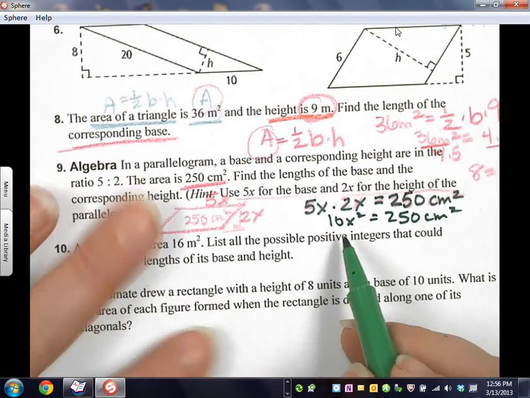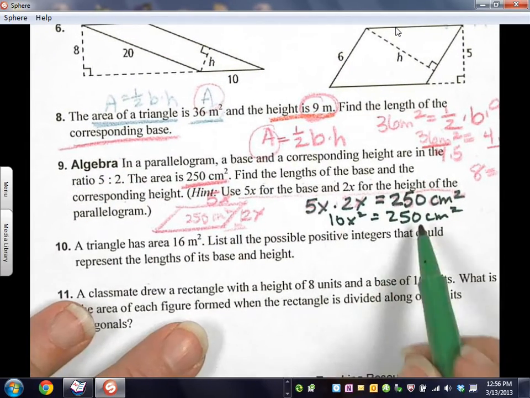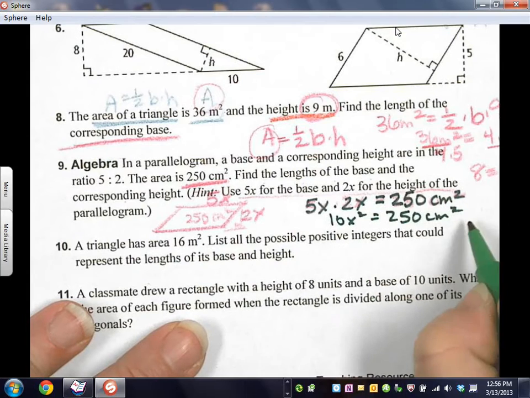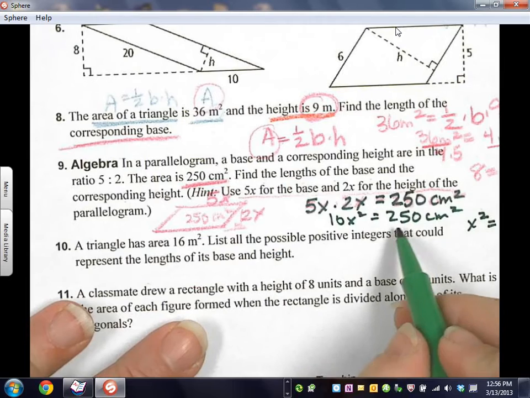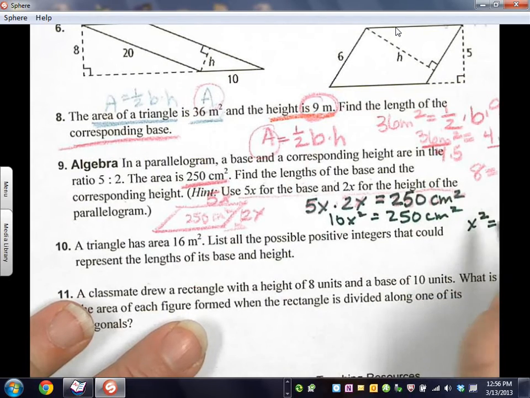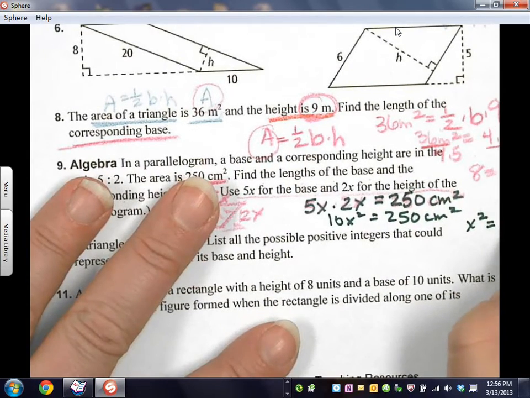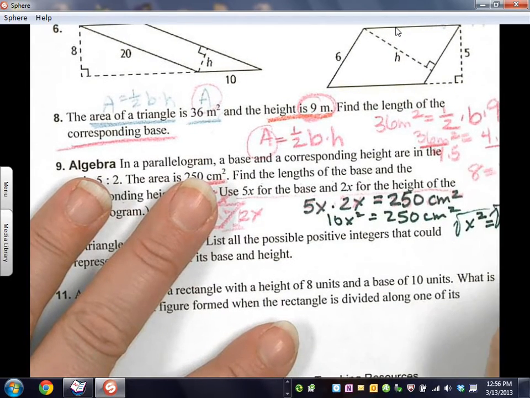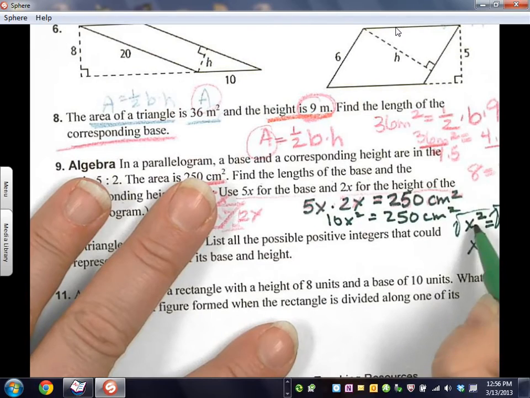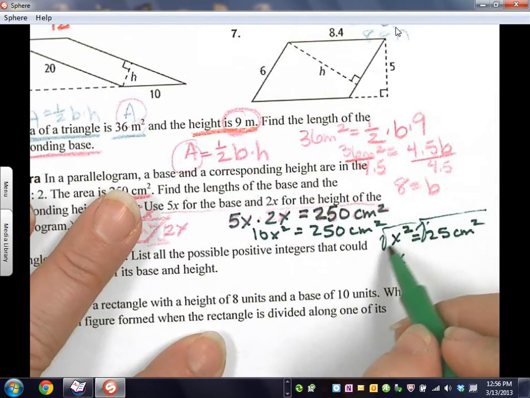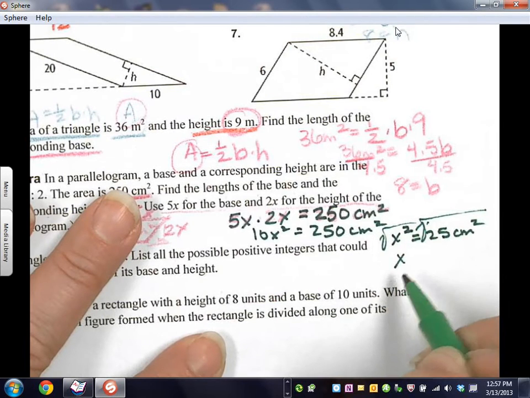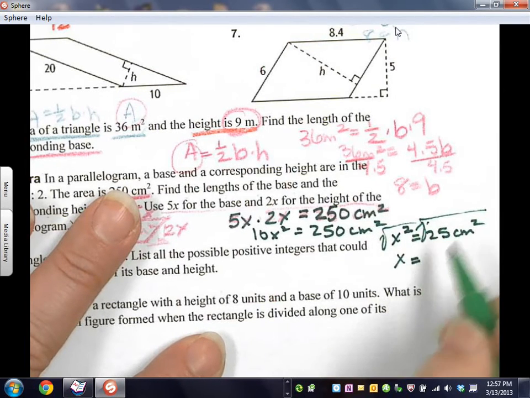So let's divide by 10. This is going to be x squared equals 250 divided by 10 is 25. I take the square root of both sides. X, because when I take the square root of something squared, I get just that base.